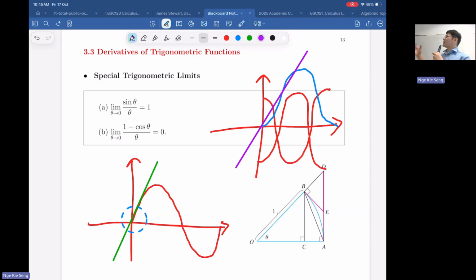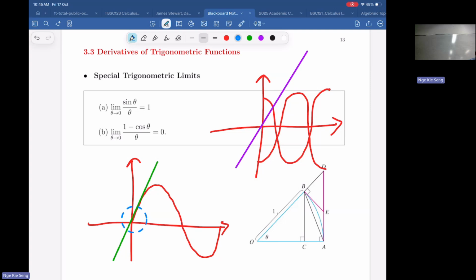But the point here is if you substitute 0 into it, it's like 0 over 0, usually undefined. So what happens here? Do you know what happens? Actually, this suggests some analysis of these two graphs. Maybe I draw more, exaggerate a bit.